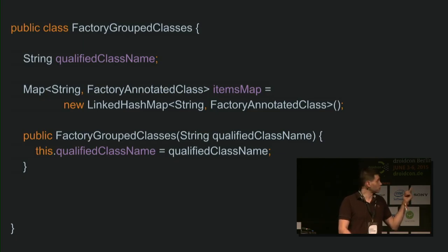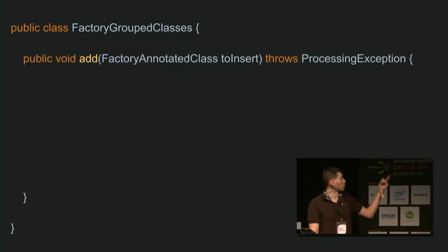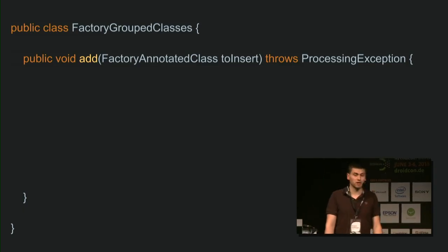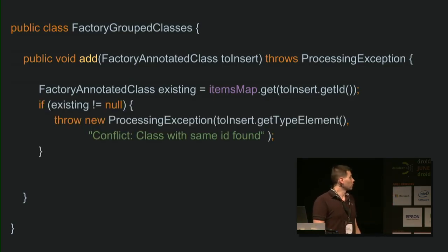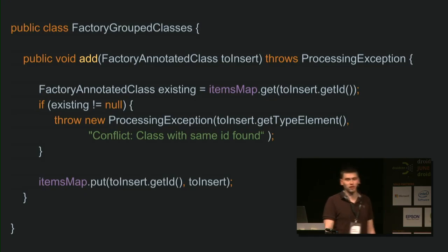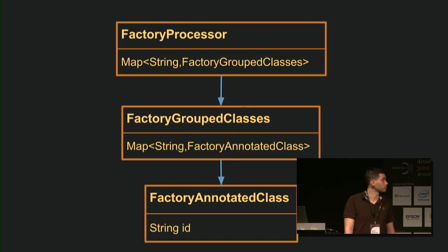The reason is that we provide an add method, and in this add method, we check if an item with this name already exists. So if there's already a margarita in the class, we throw an exception. Otherwise, it's fine, we put it in the map.